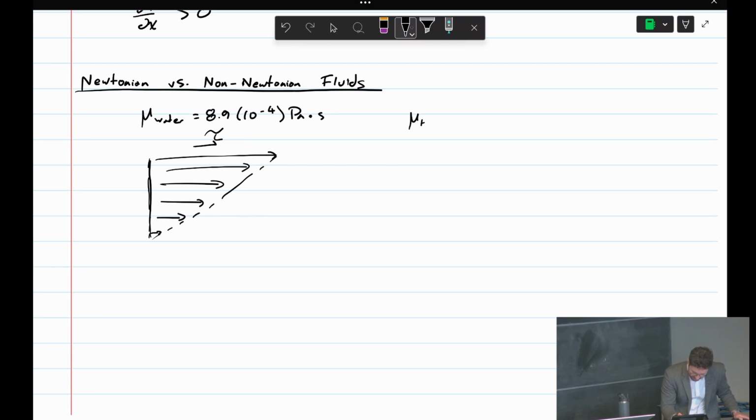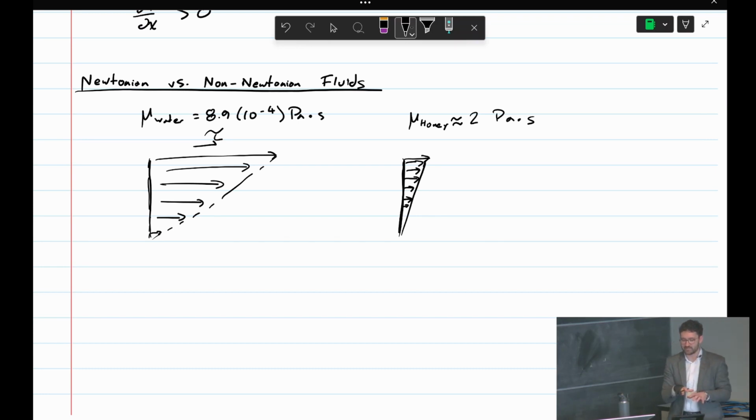If we have something that's quite viscous, like honey, it's kind of tough to actually estimate this viscosity, but say it's roughly 2 pascal seconds. So it's thousands of times greater, the viscosity of honey, than water. If we apply that same shear to both of these fluids, the velocity profile for honey, I've even exaggerated it there, will be much less steep.